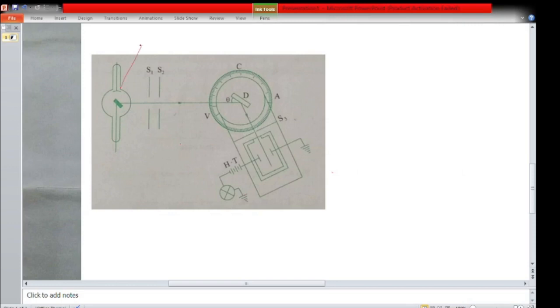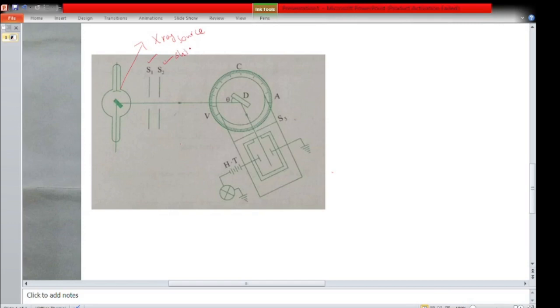The X-rays from that source pass through two slits, S1 and S2. You can see here, these are the slits S1 and S2.